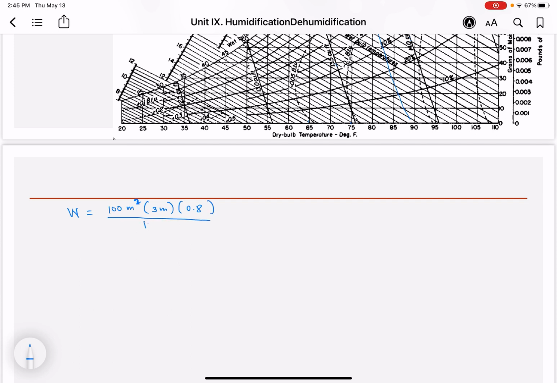And this is being supplied every 10 minutes.